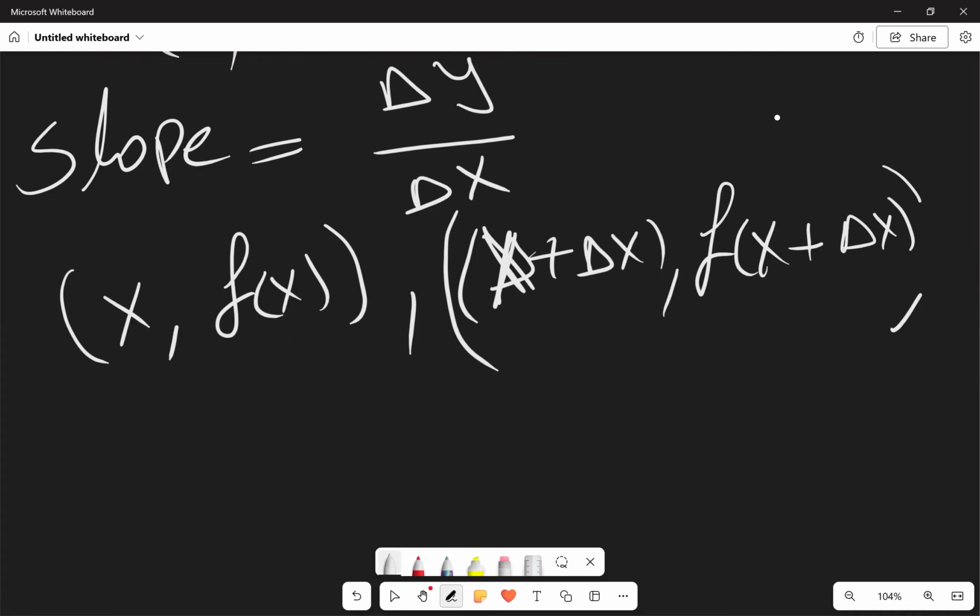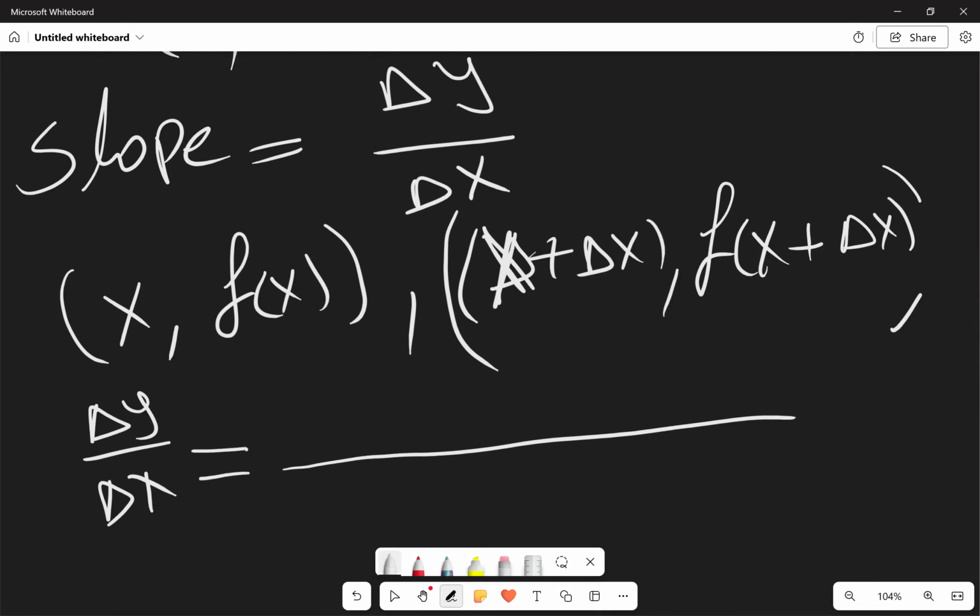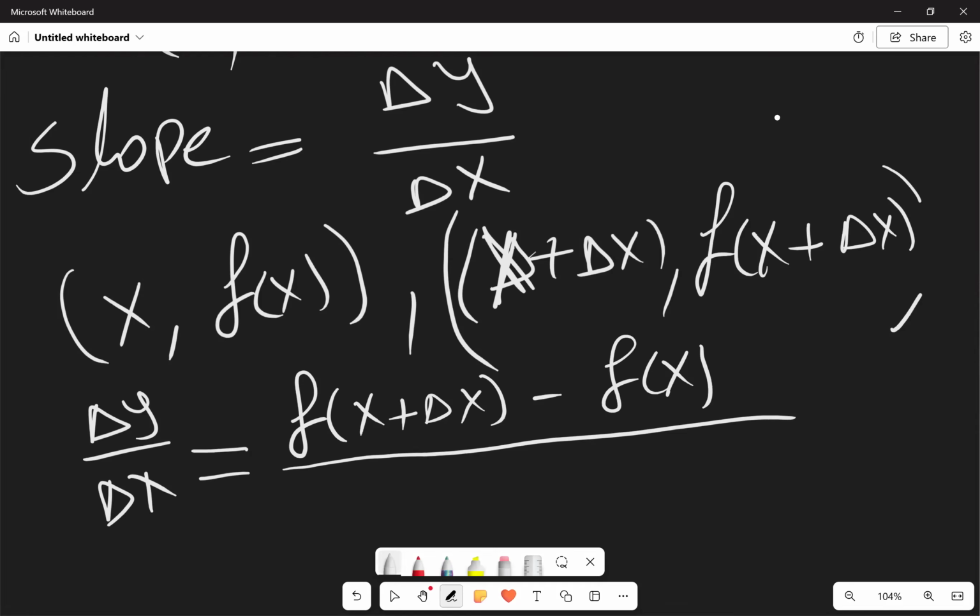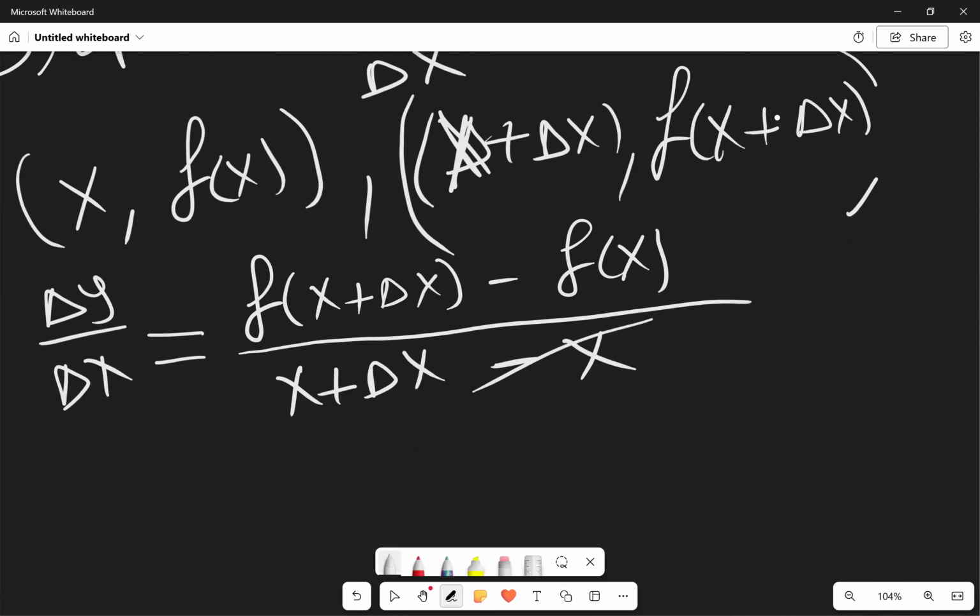Then the slope is going to be the delta y divided by the delta x as f of x plus delta x minus f of x divided by x plus delta x minus x. And we see that the negative x is going to cancel with the x. So it's f of x plus delta x minus f of x divided by delta x.